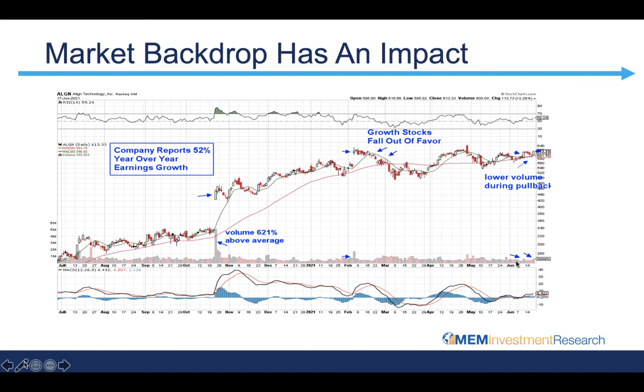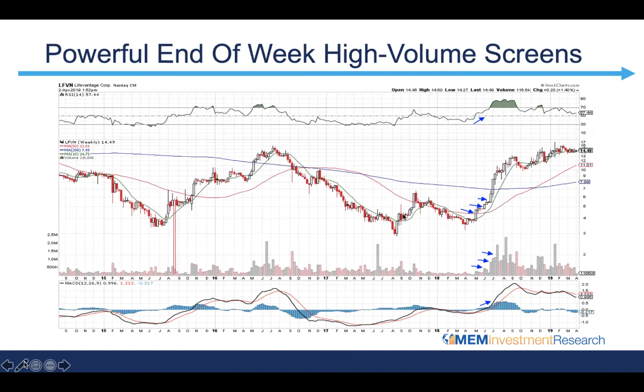What I'm pointing out here is that that pullback occurred on lower volume. That is bullish. And then today, upon this recording, this is Thursday the 21st of June, the stock did have another advance, 2.3% move on heavy volume. So another bullish day today for ALGN.